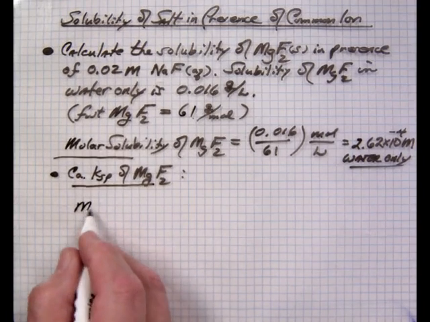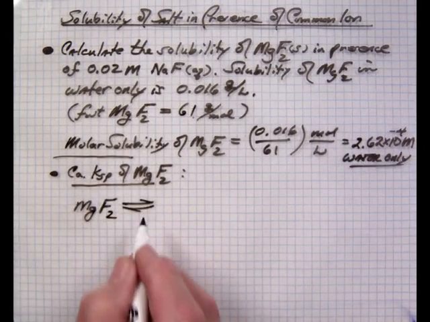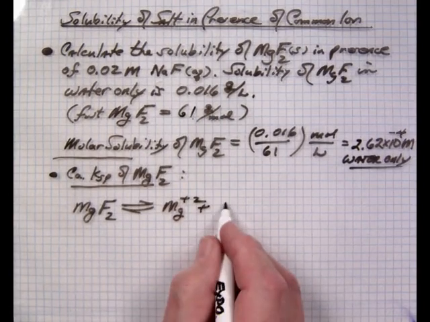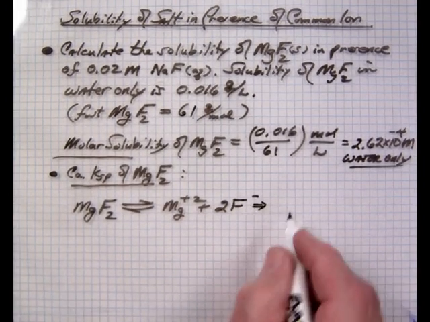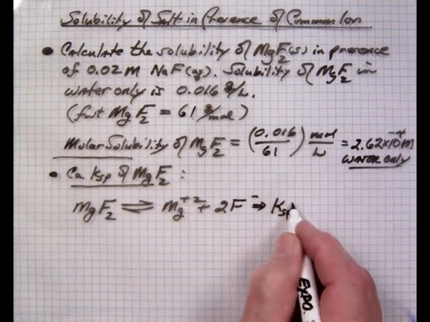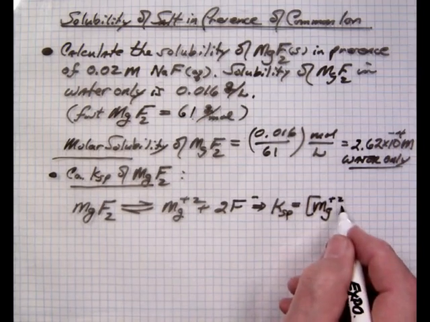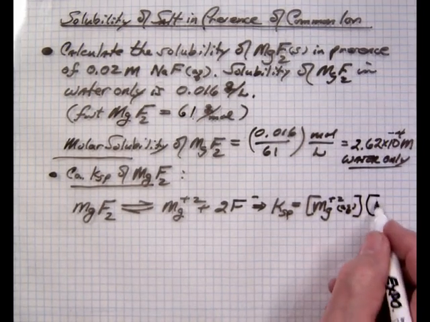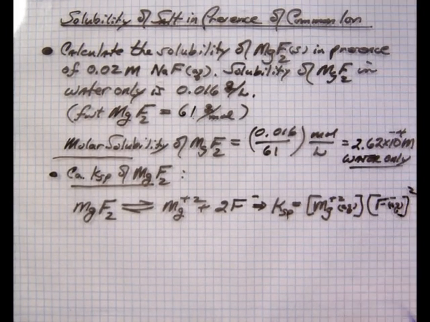So magnesium fluoride ionizes in a 1:2 ratio, which gives us the KSP to equal magnesium and fluoride squared.